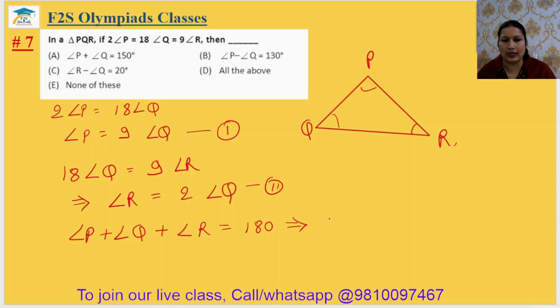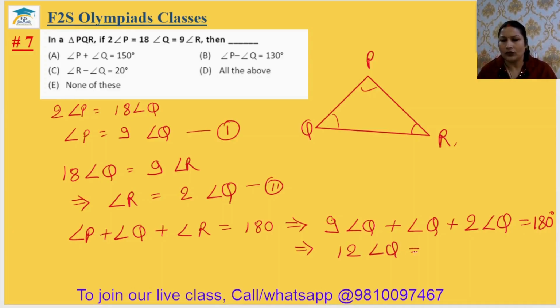And we can just write angle P as 9 angle Q, plus angle Q as it is, angle R will be written 2 angle Q, equal to 180 degree. So in this way, 12 angle Q will be equal to 180 degree. This implies angle Q equal to 15 degree.